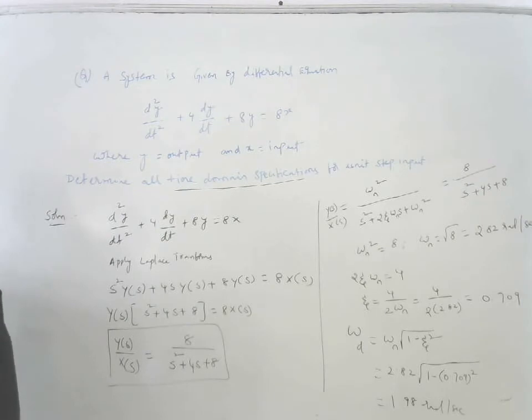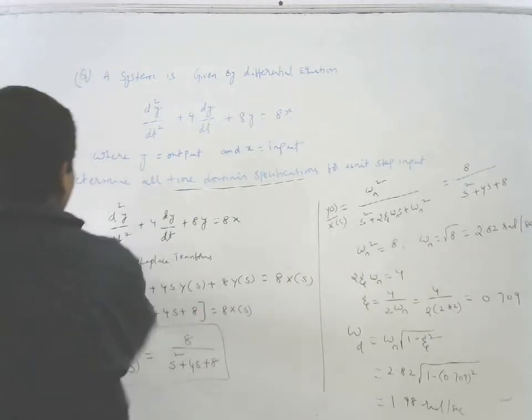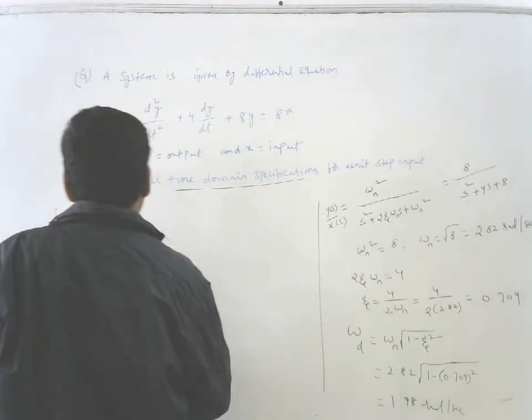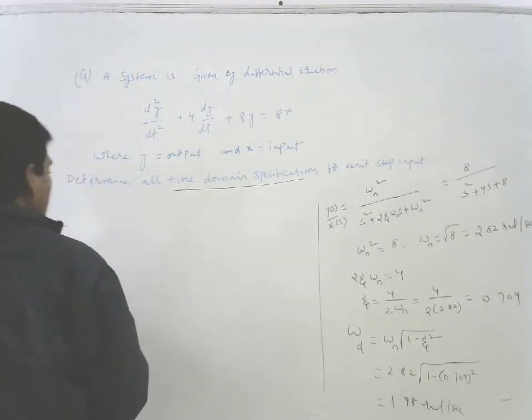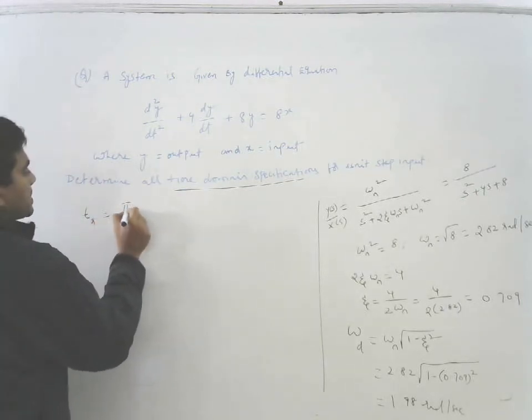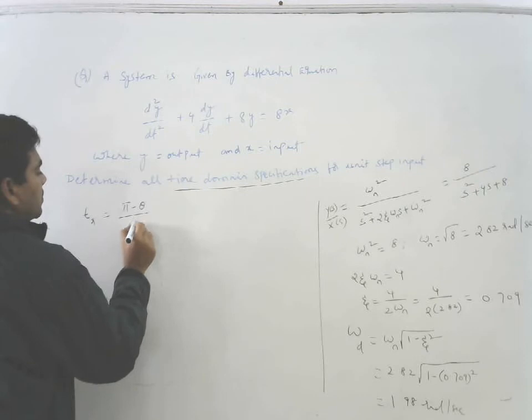Now, what are the different time domain specifications we have? First, to find the rise time, we need the formula. Rise time is Tr equal to pi minus theta by omega d.